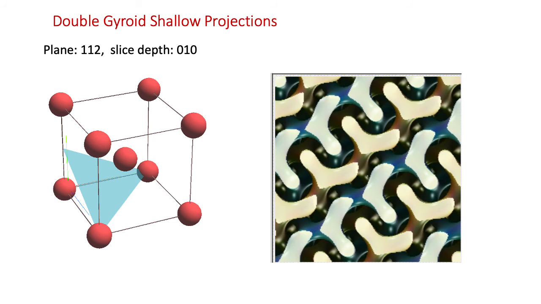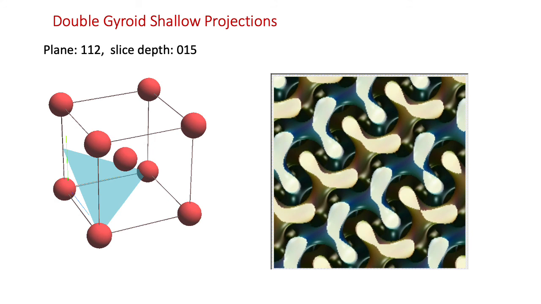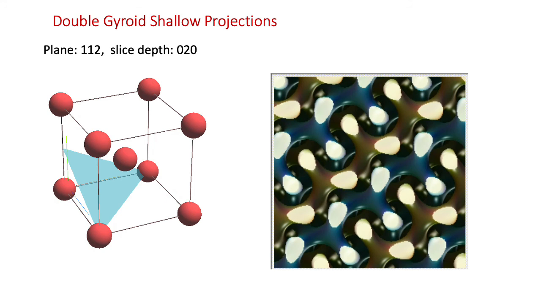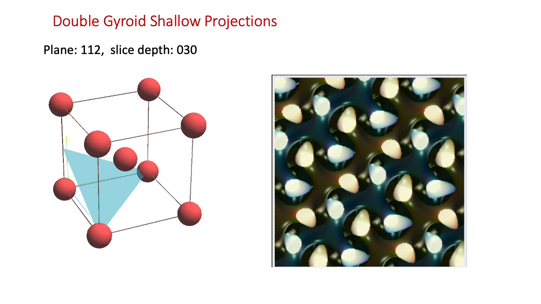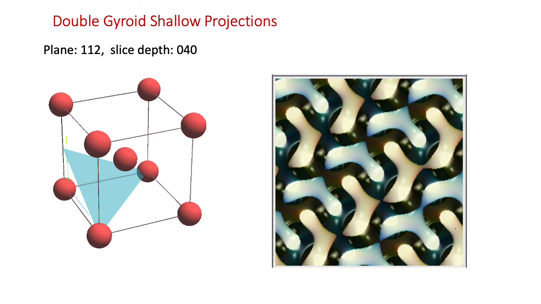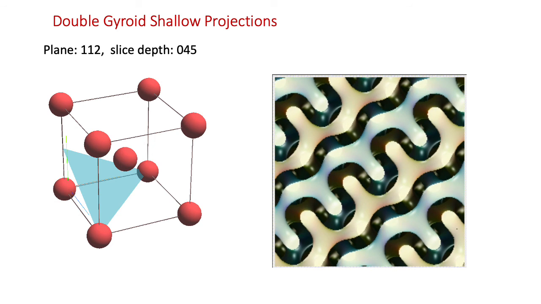And here we are increasing the slice depth by 10% by cutting through the sample, and then we go more deep to 15% and so on until we reach 45%. This is the maximum slice depth we can reach, because after that we actually repeat the same shapes. The importance of shallow projections, as you can see, is that it helps visualize these complex structures.